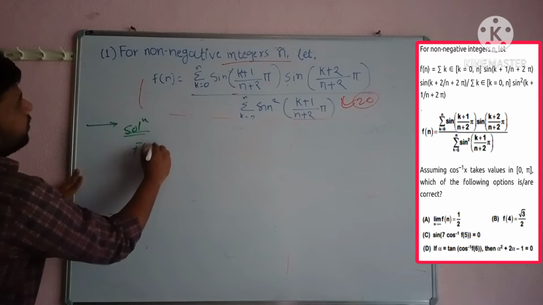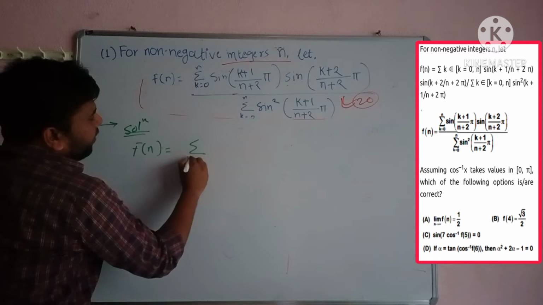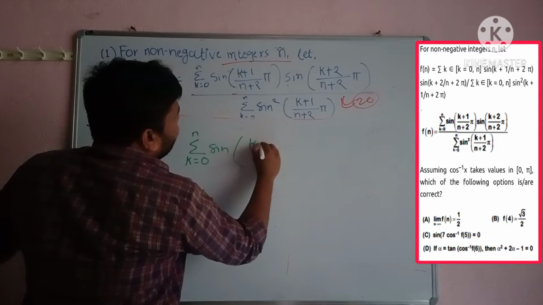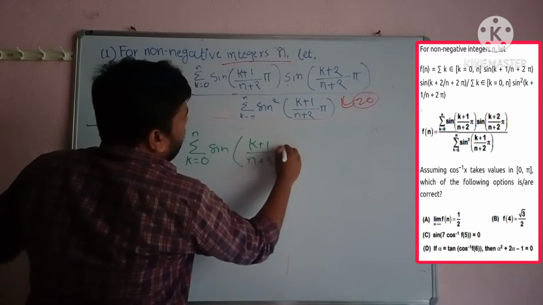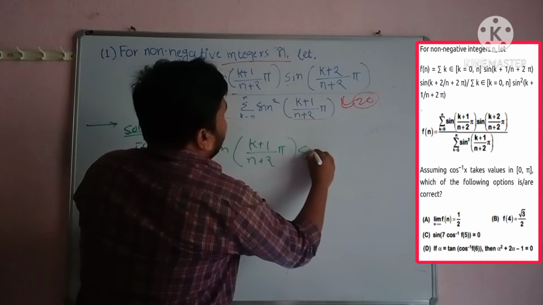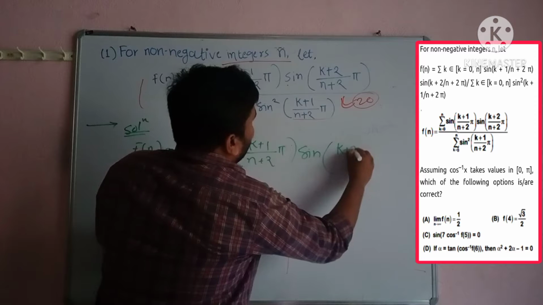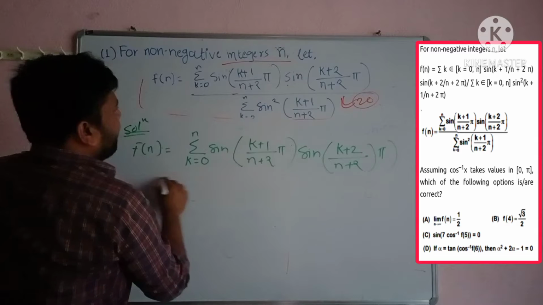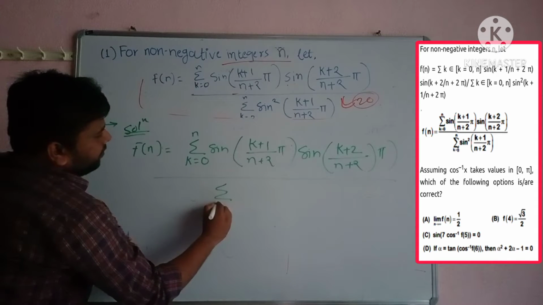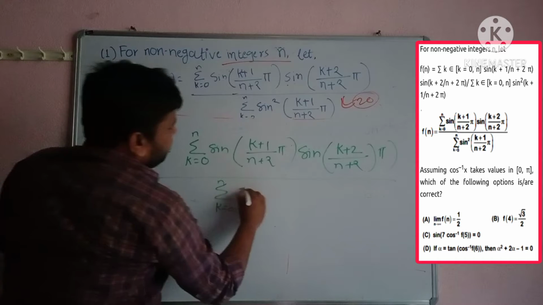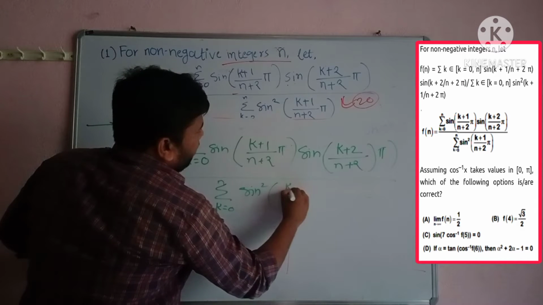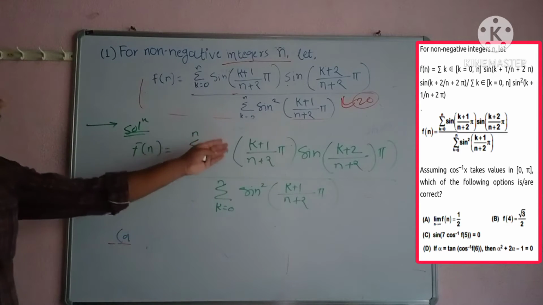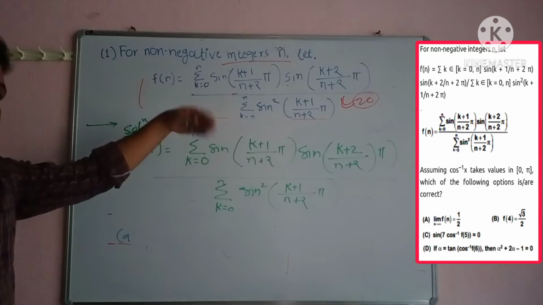F of n is equal to sigma k is equal to 0 to n sine (k plus 1) divided by (n plus 2) upon pi into sine (k plus 2) divided by (n plus 2) into pi, divided by sigma k is equal to 0 to n sine square (k plus 1) divided by (n plus 2) into pi.